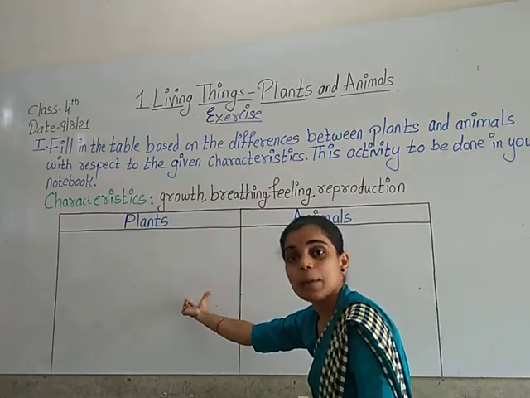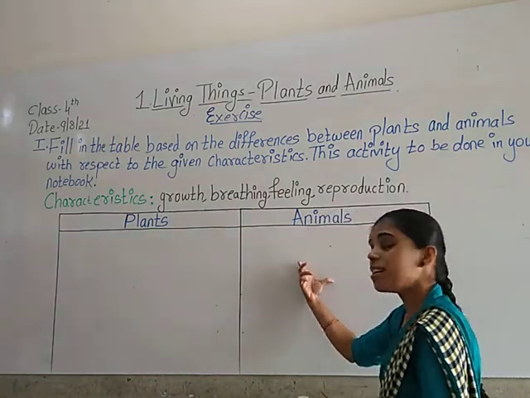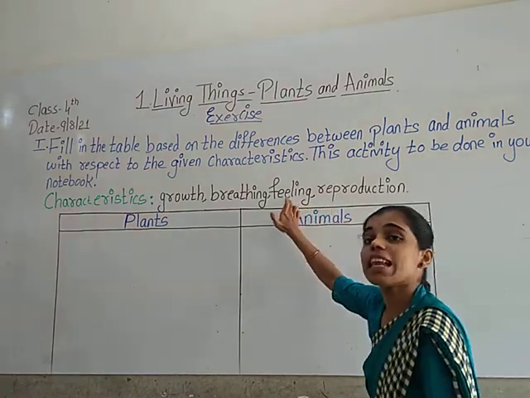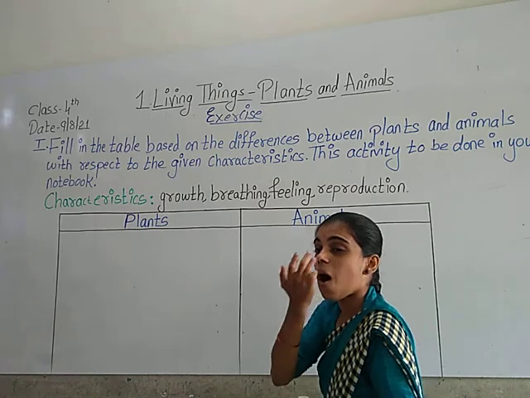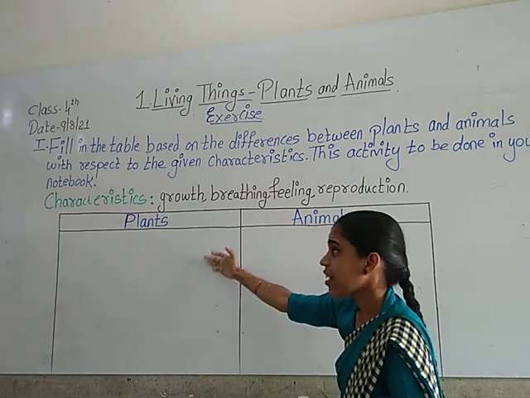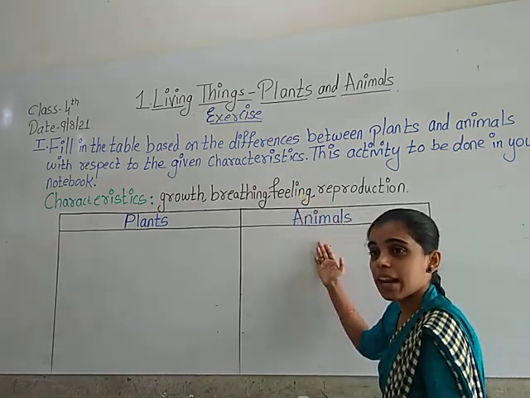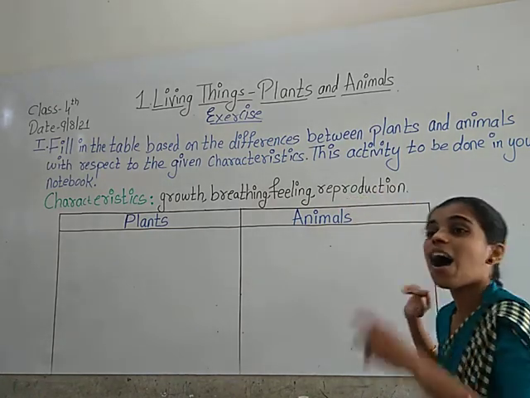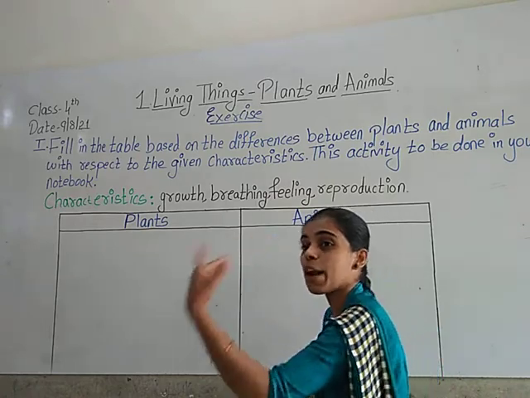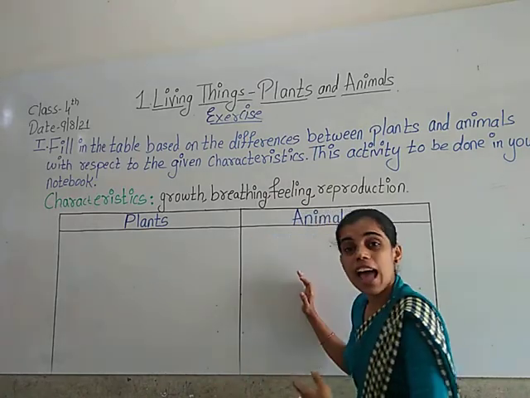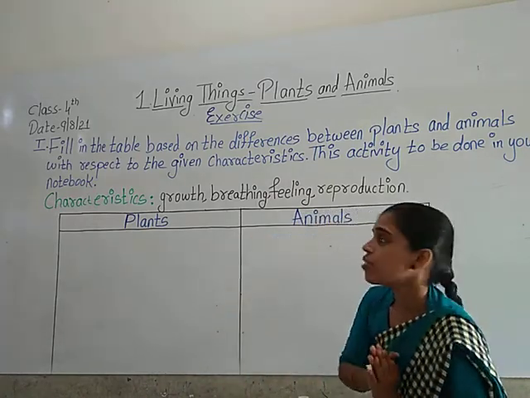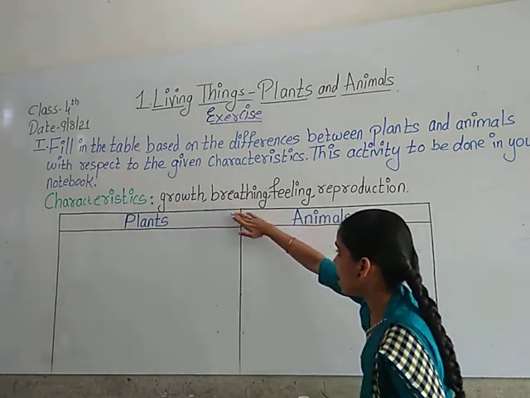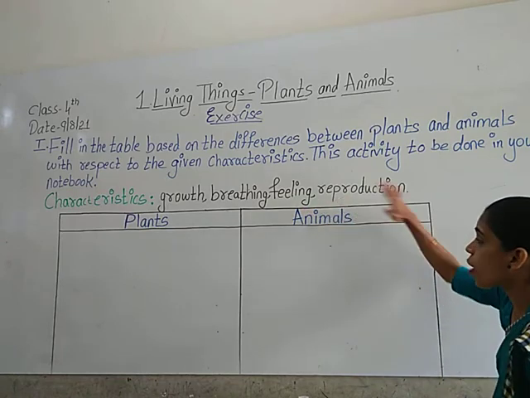How the plants breathe, how the animals breathe. Next one is feeling. Feeling means the sense organs in plants, sense organs in animals. Last one is reproduction. How the plants reproduce and how the animals reproduce. These are the characteristics: growth, breathing, feeling, reproduction.